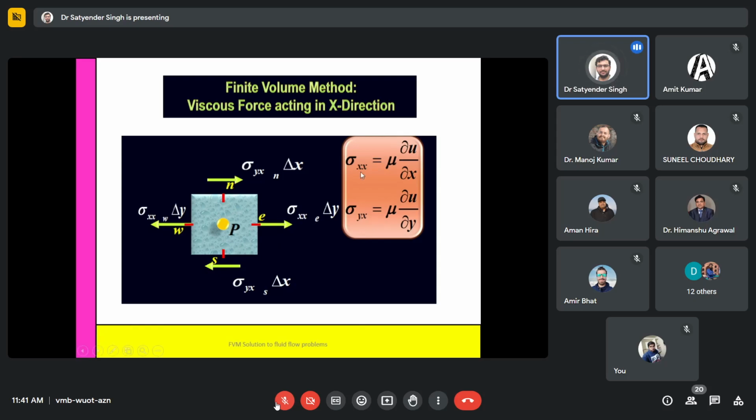Now for the solution of this second order differential equation, the diffusion term, we again need to go for the two-level approach. In the first level, we again assign a variable to a particular cell center, and in the second level we consider some subsidiary laws and use their mathematical form, like Newton's law of viscosity, which has been presented to you.